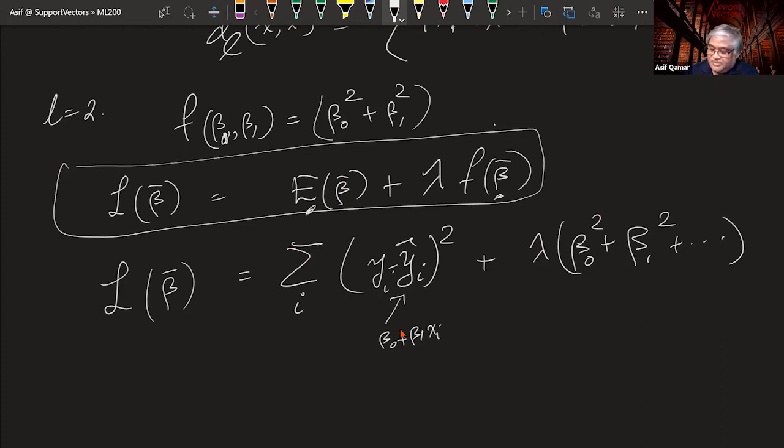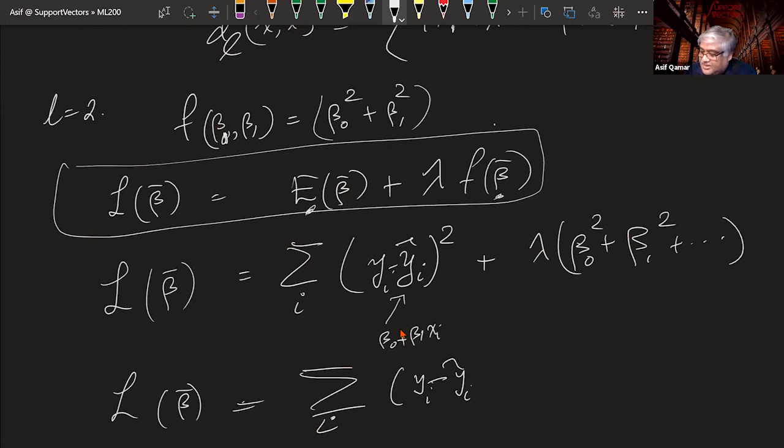I've given you a much more detailed picture of this, and you write therefore L of beta is equal to the sum over all the data terms of yi minus yi hat square plus lambda times the sum over beta j square.